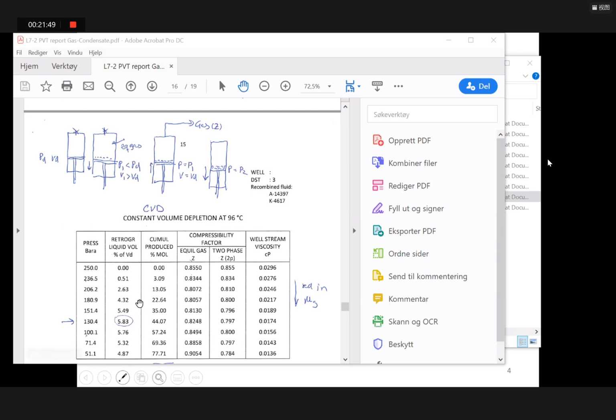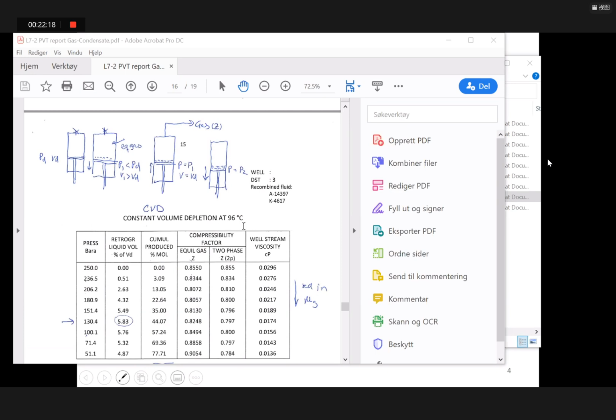So going stepwise down, we produce the gas back to the volume at the dew point, and we can take samples of the gas and analyze it for the composition, and we can get the Z factor for the produced gas. So we know the properties of the gas that are expected to be produced from the reservoir as the pressure of the reservoir declines.